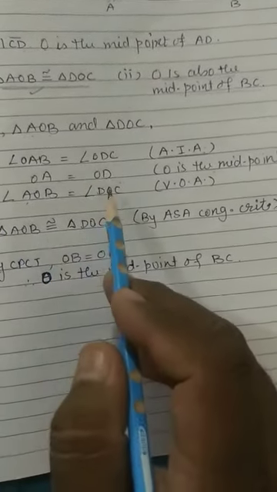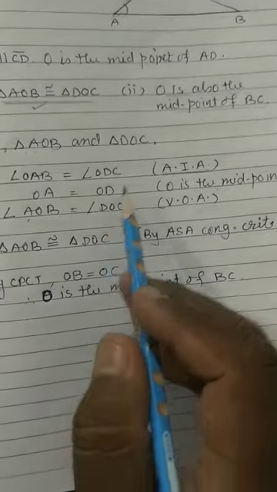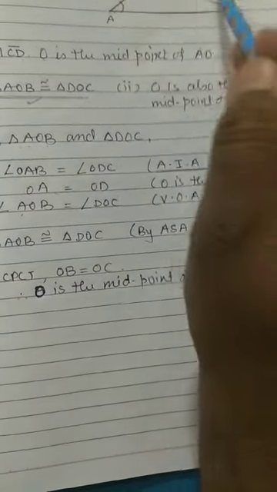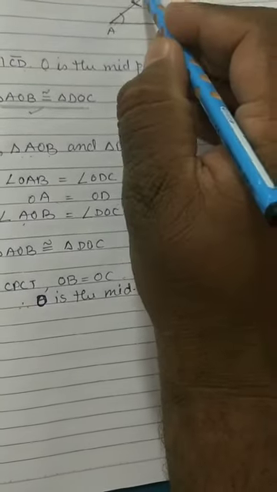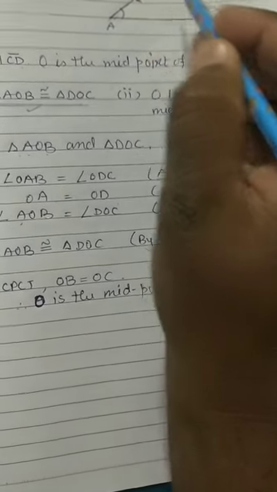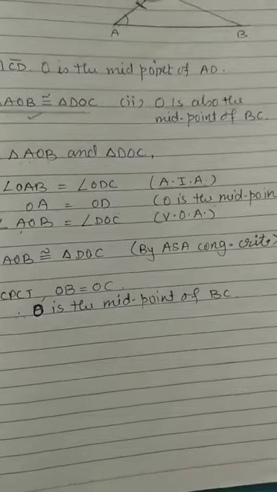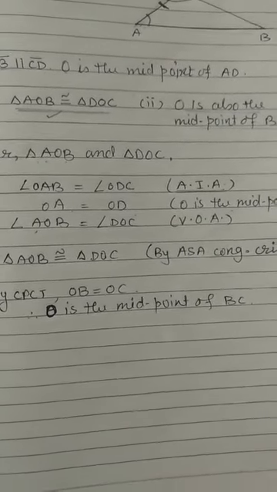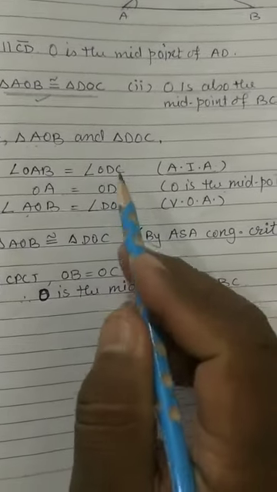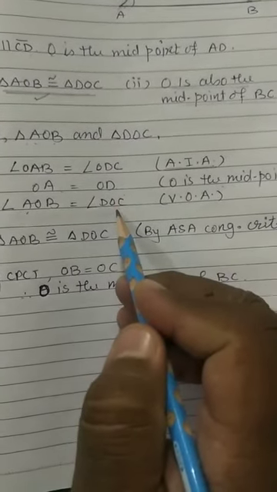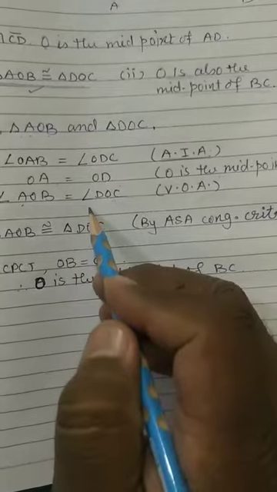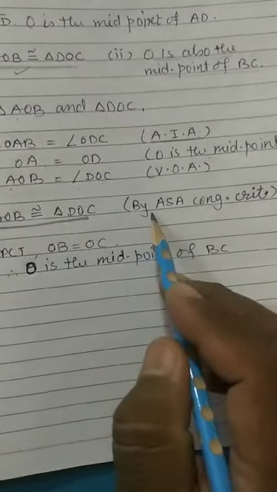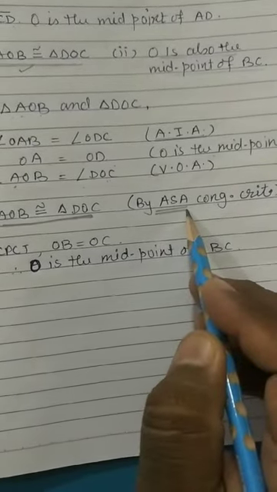And angle AOB is equal to angle DOC, because these are two intersecting lines, so these angles form vertically opposite angles, so they are equal, right? So we have proved ASA, angle side angle, so both the triangles are congruent by using the ASA criteria.